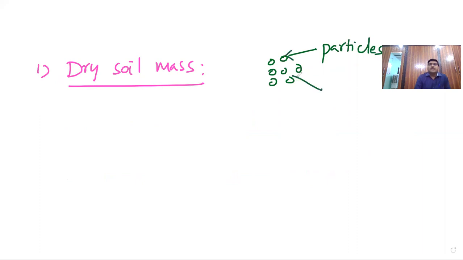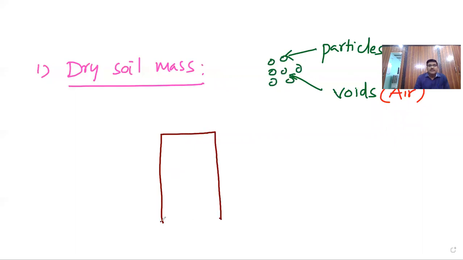And these gaps inside are voids, as I said earlier. So in dry soil mass, you have only two things, particles and voids. And inside the voids, you have air. Air is filled.